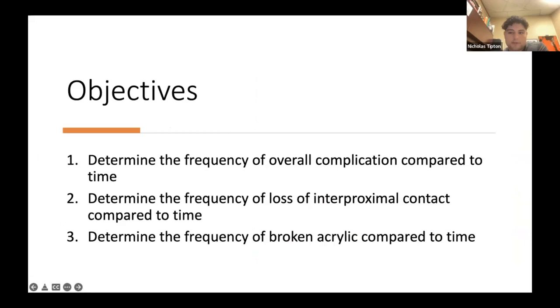The three separate objectives I looked at for my project specifically were the frequency of overall complications, the loss of interproximal contact, and the frequency of broken acrylic in those prostheses. I picked these because they're commonly cited in the literature, and specifically interproximal contact is a complication that we saw quite often.